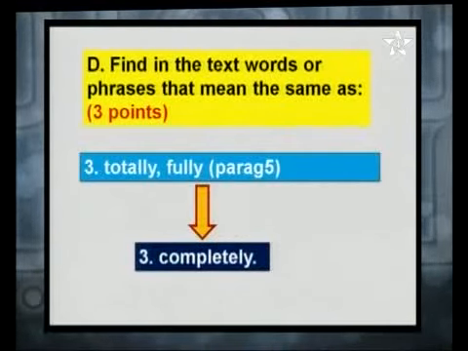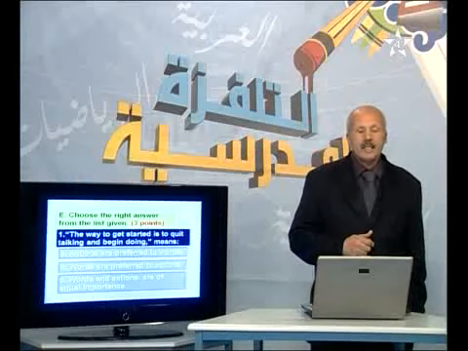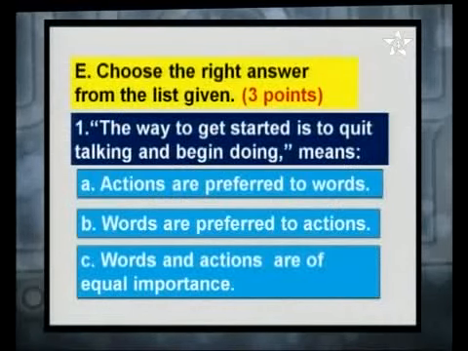That's four questions. Now we come to the 5th focused reading, and of course we do question E. It says choose the right answer from the list given. It's a multiple choice question. The way to get started is to quit talking and begin doing. Does this mean actions are preferred to words? Does this mean words are preferred to actions?